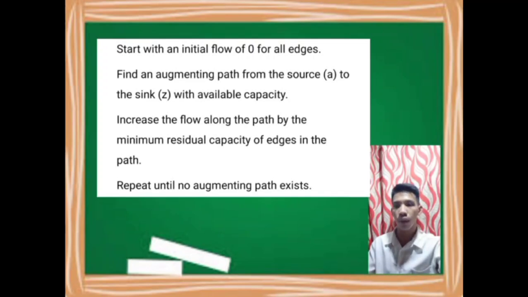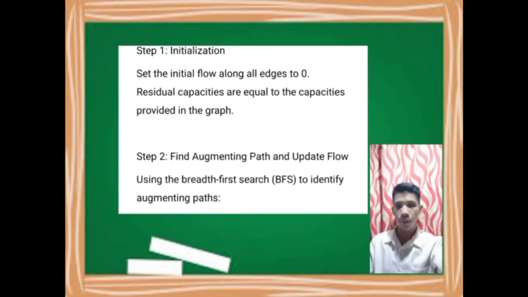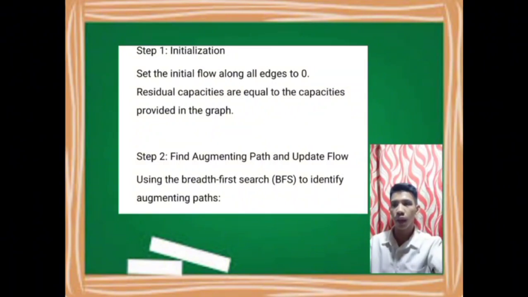Increase the flow along the path by the minimum residual capacity of the edges in the path. Repeat until no augmenting path exists. Step 1, initialization: set the initial flow along all edges to 0. Residual capacities are equal to the capacities provided in the graph.